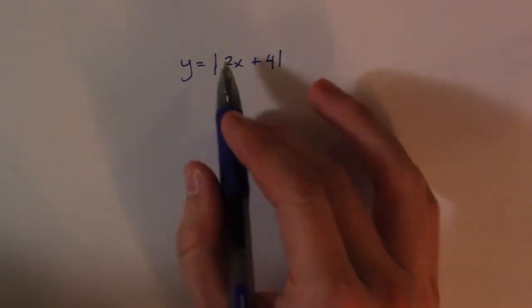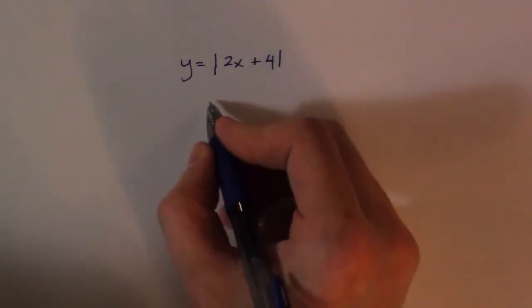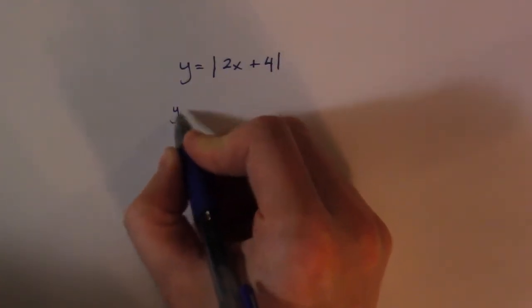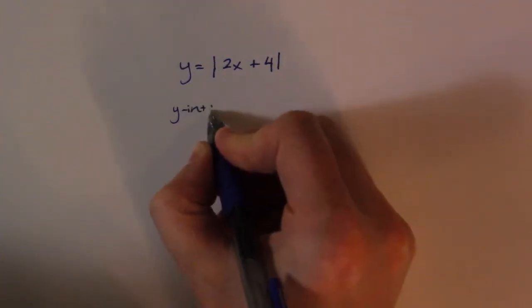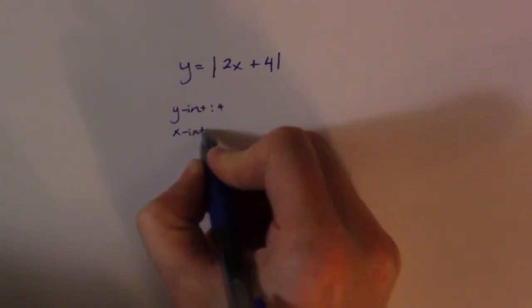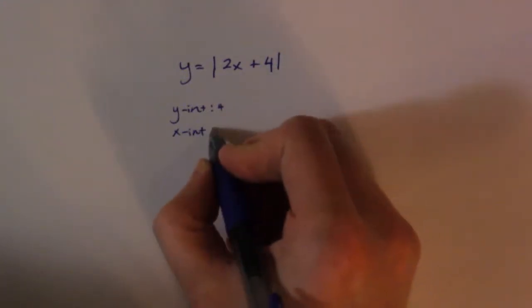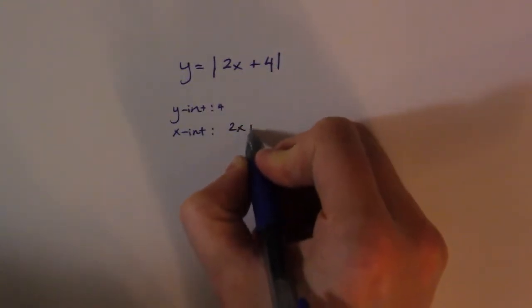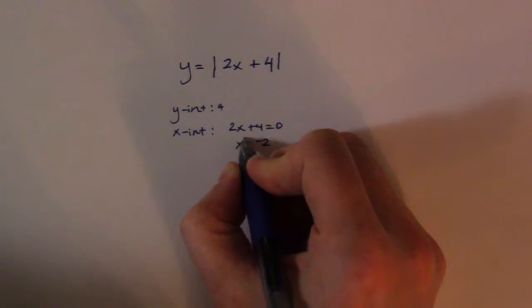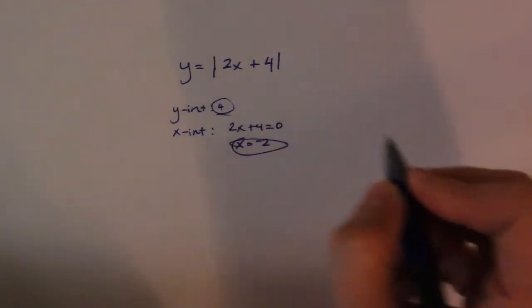It has a y-intercept of 4, and it has an x-intercept. The x-intercept is just 2x plus 4 equal to 0, so x is equal to -2. So there's the x-intercept, there's the y-intercept.